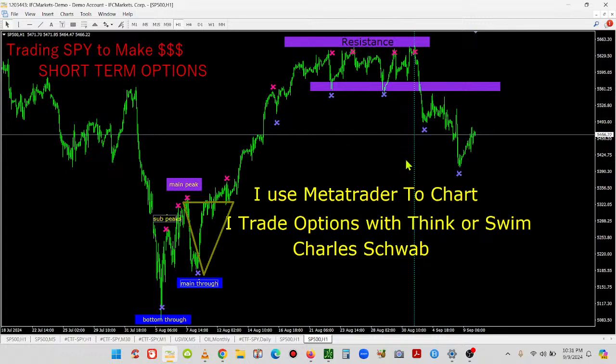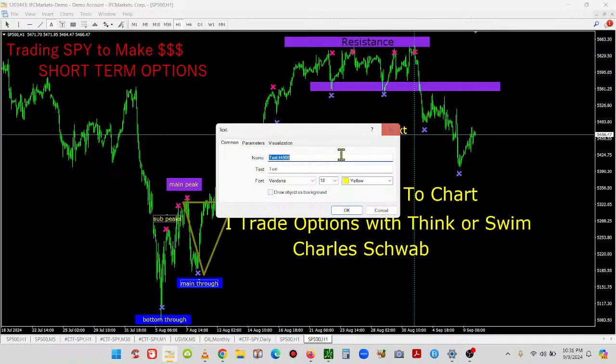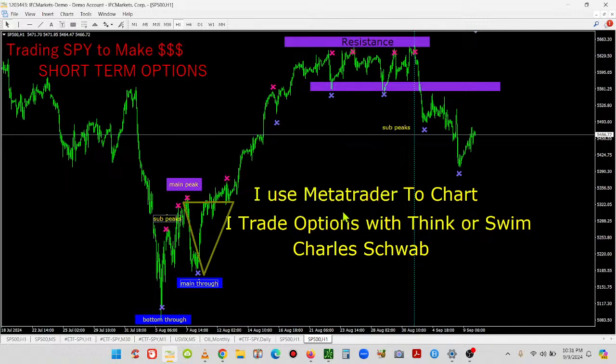I screwed up. Let's get the correct uniform. I believe this is supposed to be 10. Okay, subpeaks.